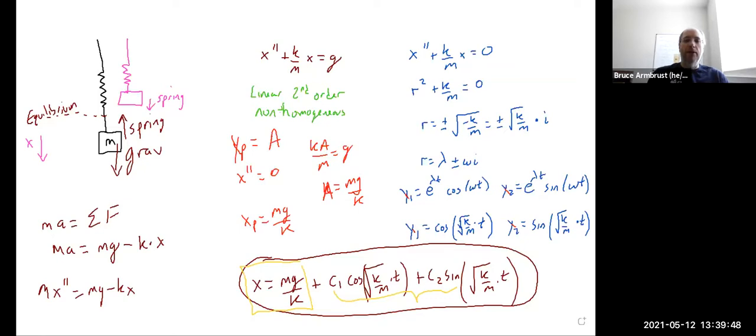So let's look at what trig says we can do with that. So first things first, I'm just going to make life a little bit easier by calling that square root of k over m omega. Okay, so that way we don't have to keep writing square root of k over m. We all know what it means. I'm just going to go ahead and call that omega.